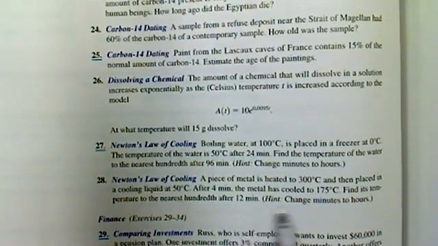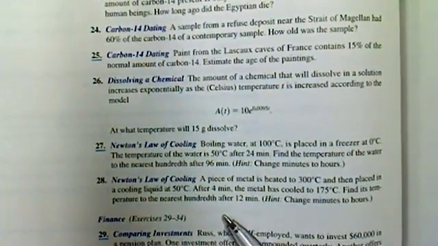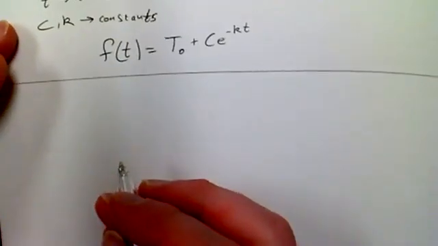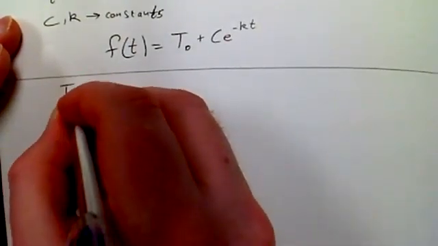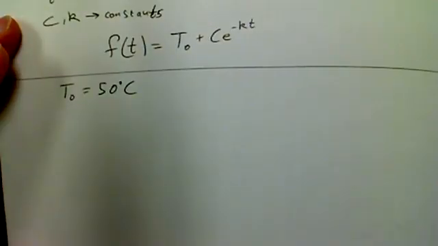Now it says hint, change minutes to hours. I think it's probably easier to leave it in minutes personally, but you can do that if you'd like. Let's figure out how hot this metal will be after 12 minutes. Let's write down what we know. T sub 0, the surrounding temperature, is 50 degrees Celsius.